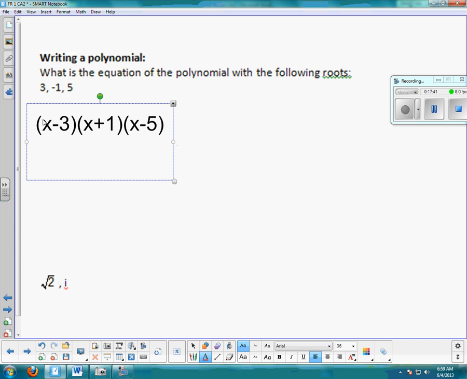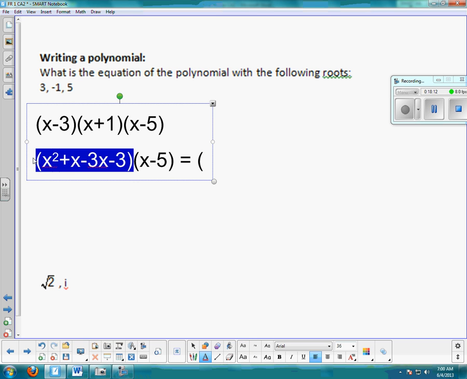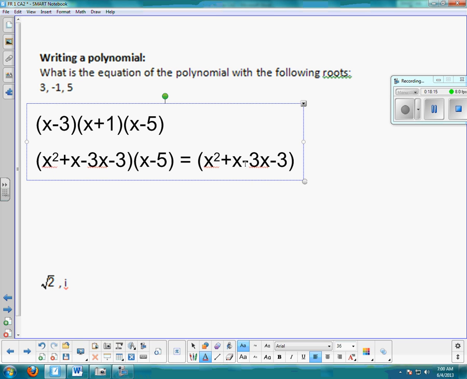So if I go ahead and use FOIL here, then I'm going to get x squared, and then I'm going to get plus x minus 3x and minus 3 when I multiply out those first two. And if I go ahead and combine like terms there, that would give me x squared minus 2x, because if I combine those middle terms, that would be minus 2x.